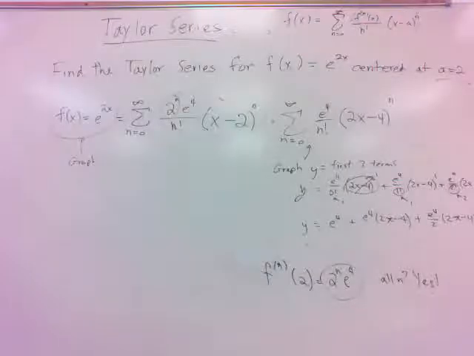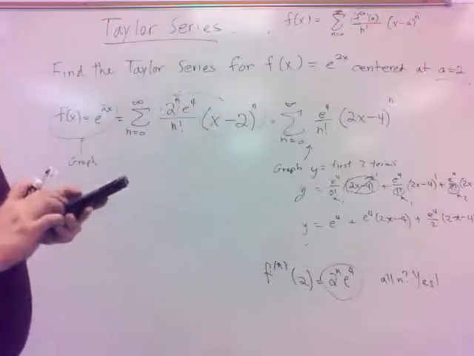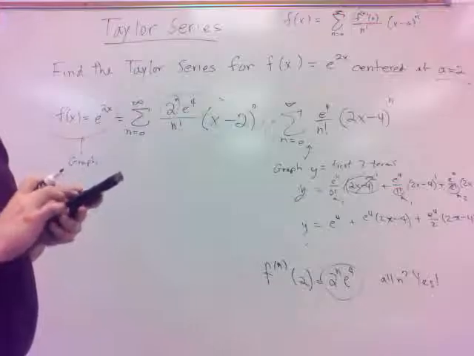E to the 4th plus e to the 4th, so we can factor that off, times 2x minus 4 plus e to the fourth over 2 times 2x minus 4 squared. 2x minus 4, not 44.